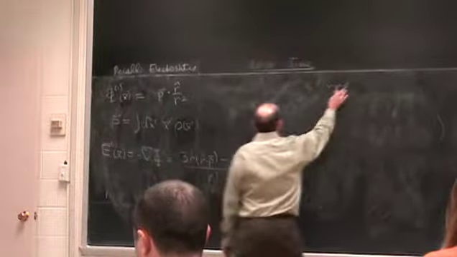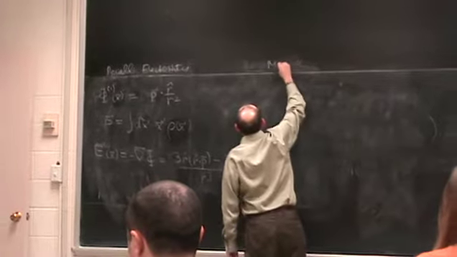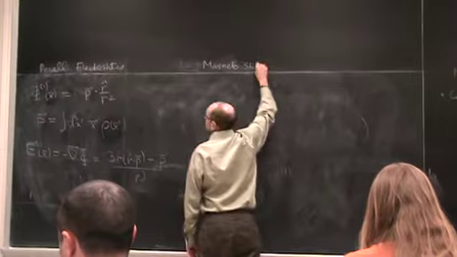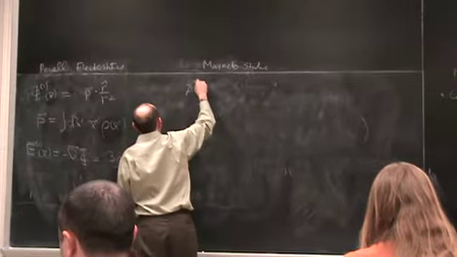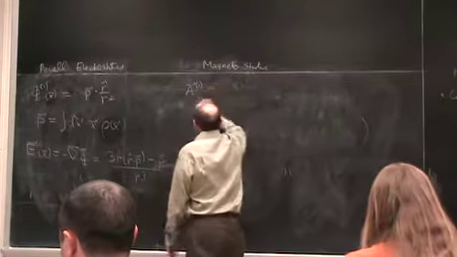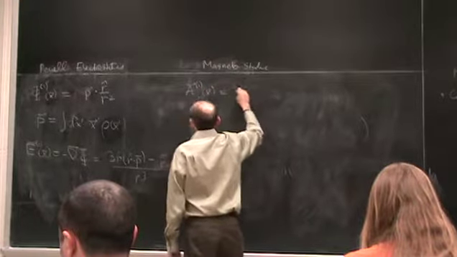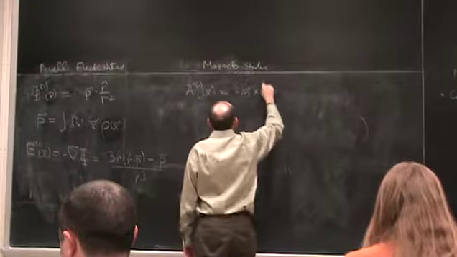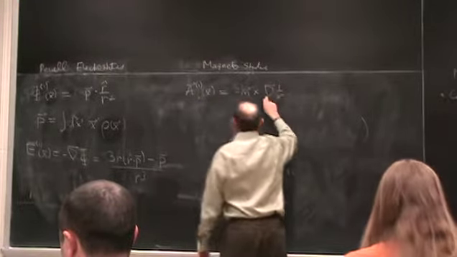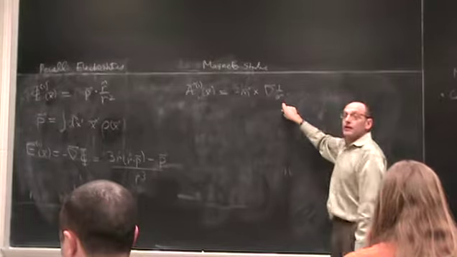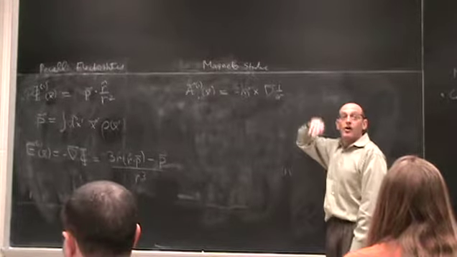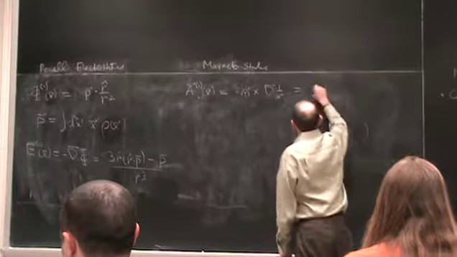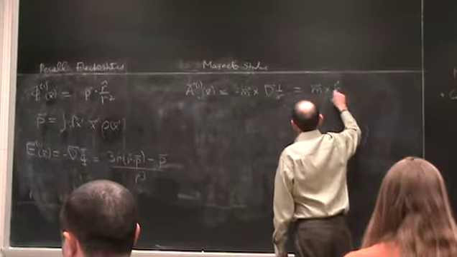Okay, magnetostatics. The vector potential has a different form. Of course, the gradient of 1 over r is r hat over r squared. So this is m cross r hat over r squared.